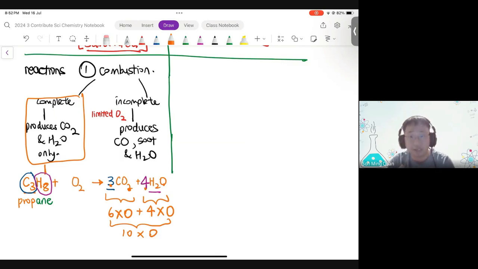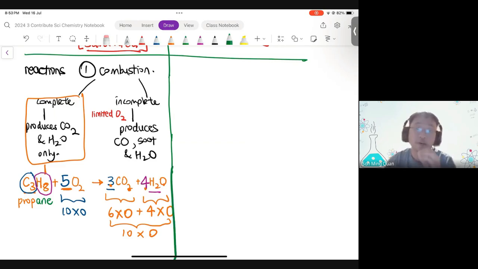And because of this, now on the right-hand side, what number do you need to fill in before the O2? How do you make 10 oxygen from O2? The answer is 5. If I have 5 O2, 5 times 2 equals 10 oxygen. Okay? And that is how you balance an equation for complete combustion.